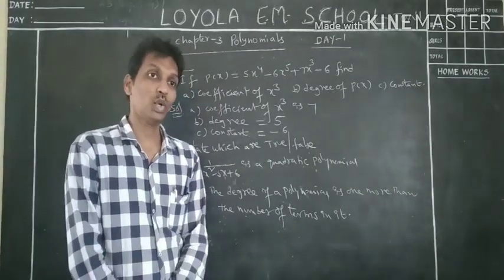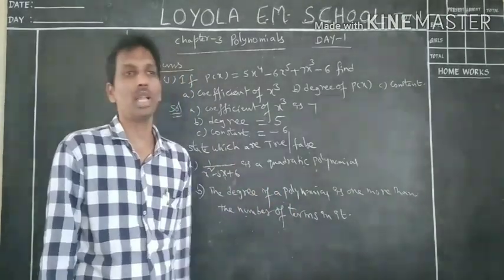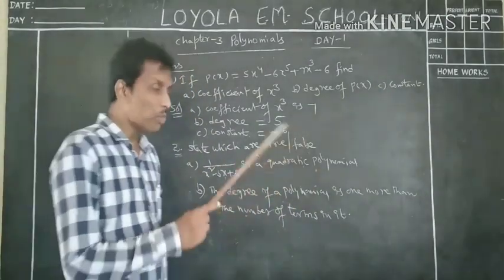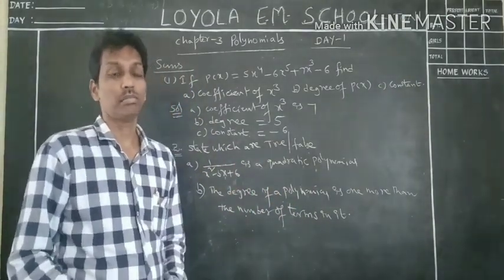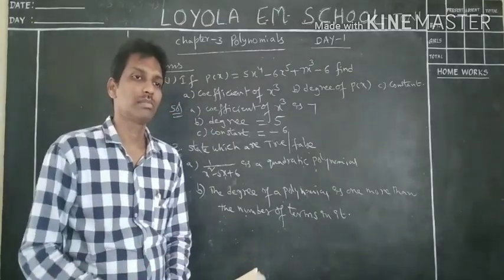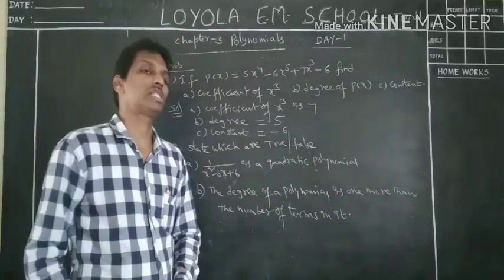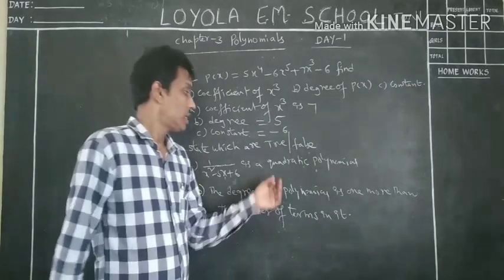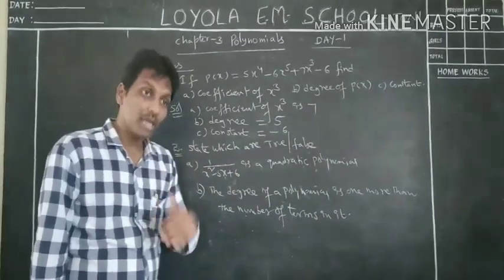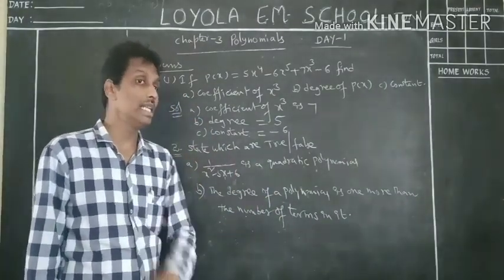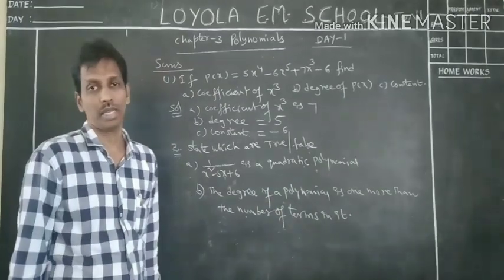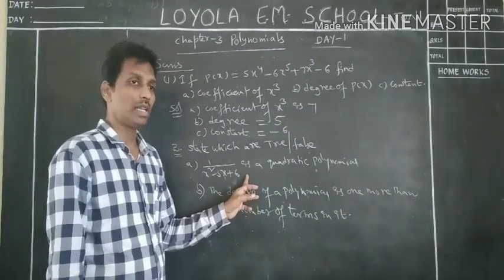No, multinomial is not a type of polynomial. Every polynomial is a multinomial. Multinomial is first. So every polynomial is a multinomial, but every multinomial may not be a polynomial. So this is an example for multinomial.